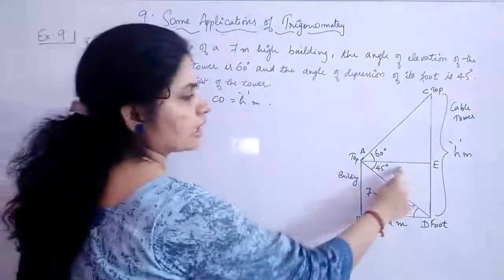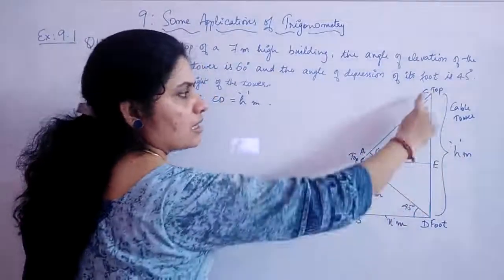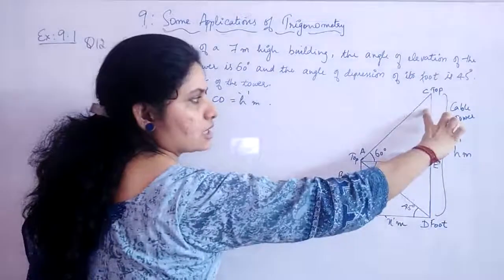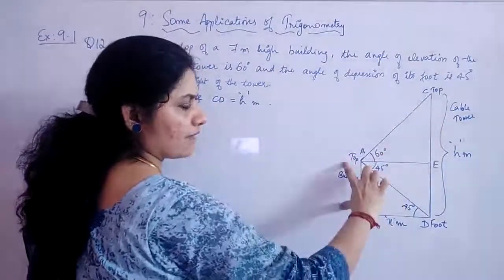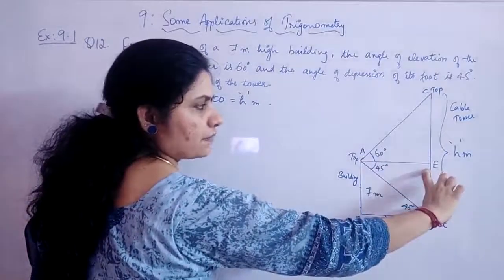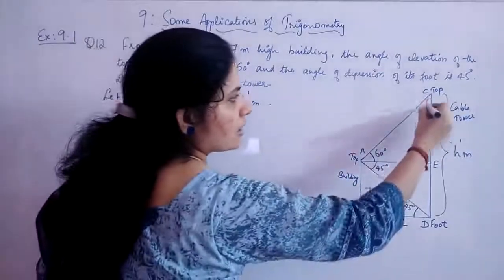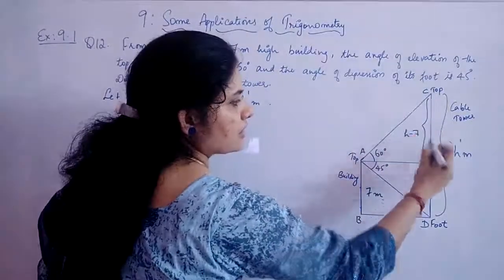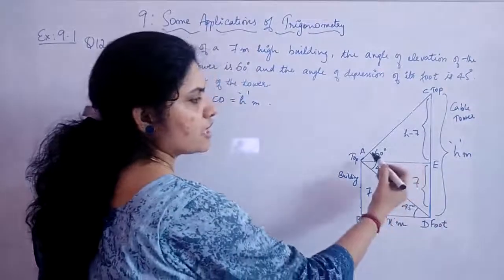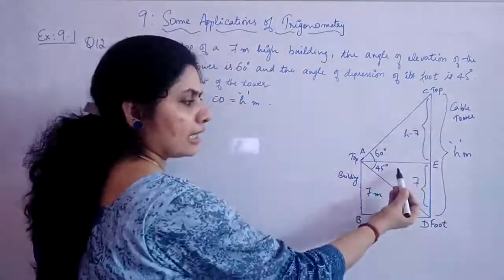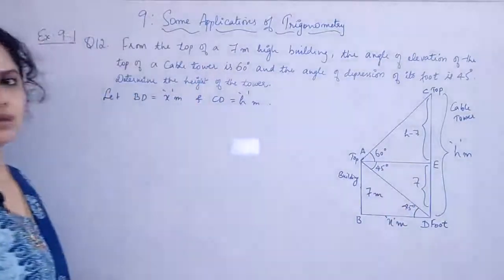Now you can move on to this triangle, where this angle is 60 degrees. Since this length is 7, this length is also 7. If the total is h, this will be h minus 7. So you will get opposite side by adjacent side, that is tan 60 degrees, and that will give you the value of h.